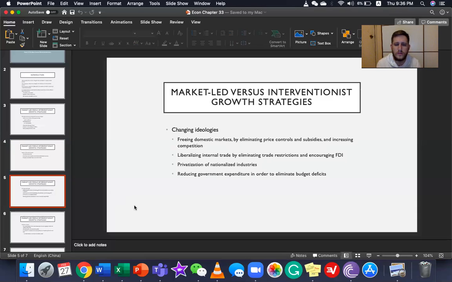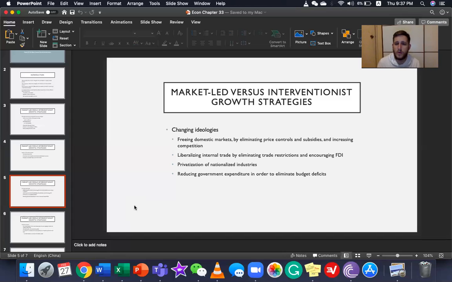So what we saw with the move away from intervention and the move towards market based, meaning a free economy, free enterprise, the invisible hand, price mechanism, all that stuff that we talked about in micro, we saw a move away from price controls.